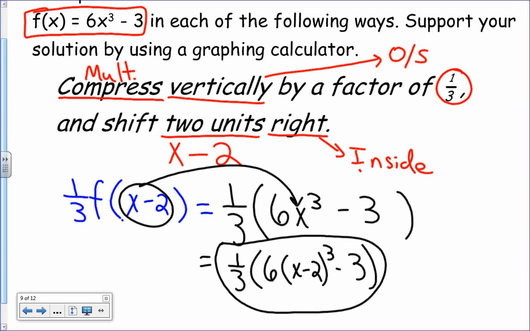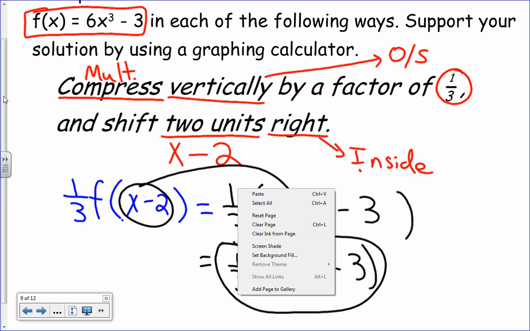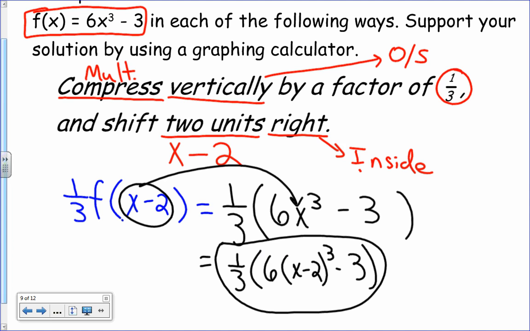It's right there, isn't it? Do we have our x minus 2 on the inside? It's right there, isn't it? And we have the remnants of the original 6 times x to the 3rd minus 3. We still have the 6, the 3rd power, and the minus 3.